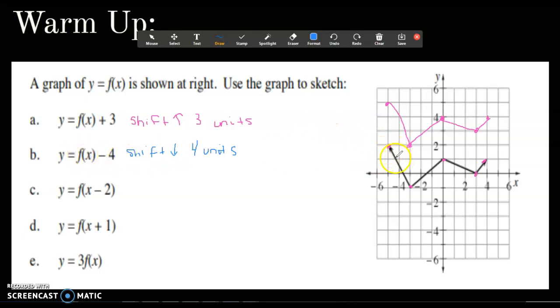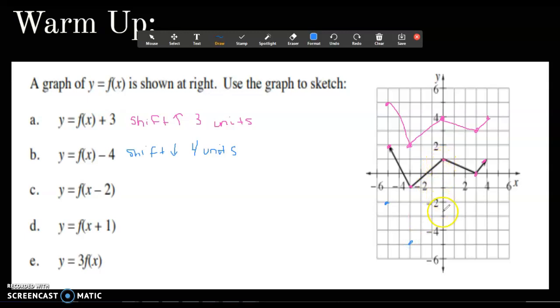So a -4 goes down. This point here at 2 is now going to be a -2. This point at -1 is now going to be at -5. So it's going to be down here.